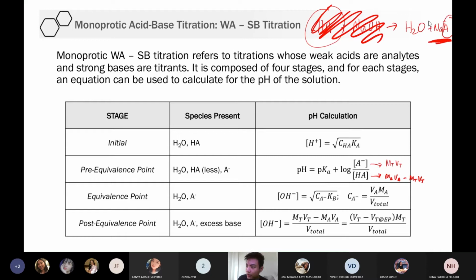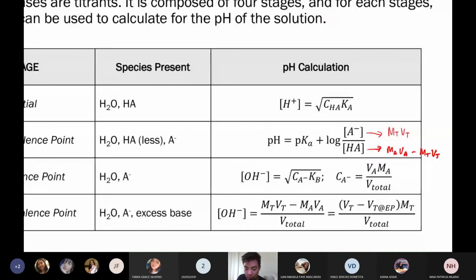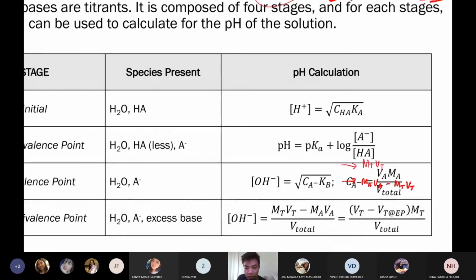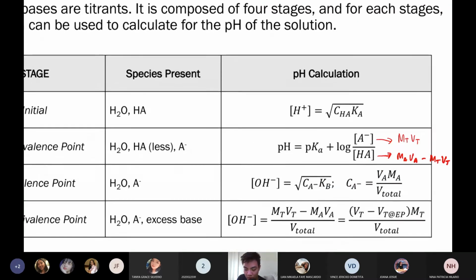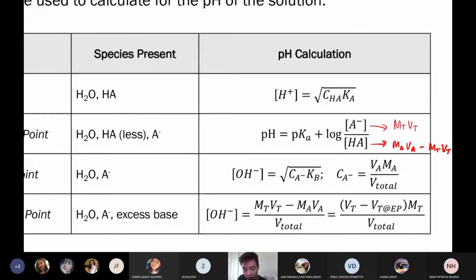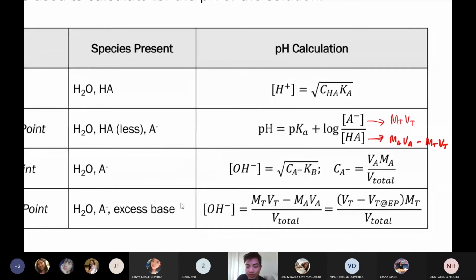So, ibig sabihin nun, of the two species, the water and the conjugate base, which of them will contribute sa pH? Yung water, yan yung nagko-contribute sa pH natin noong strong acid, strong base titration, di ba? And the strong base, strong acid titration. Water lang kasi nandun eh. And the salt. But this time, we have the conjugate base.